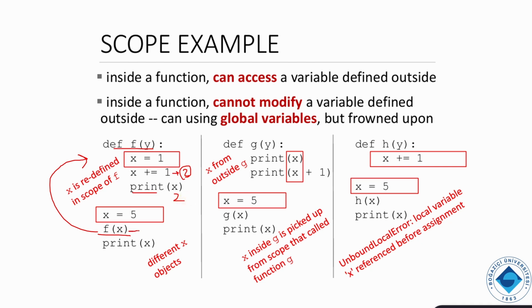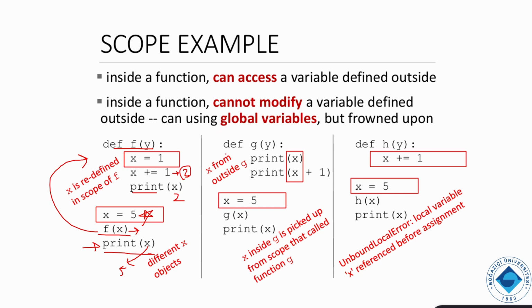Once we call that one, it will print 2. Then we will go to the other line, print x. x is 5 because outside of the function we described x as 5 here.